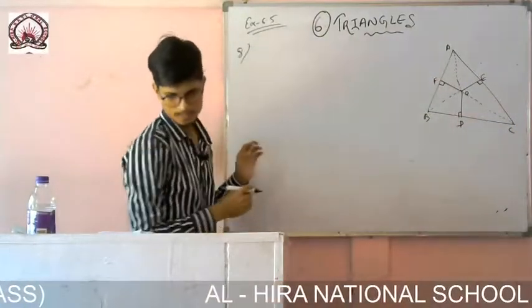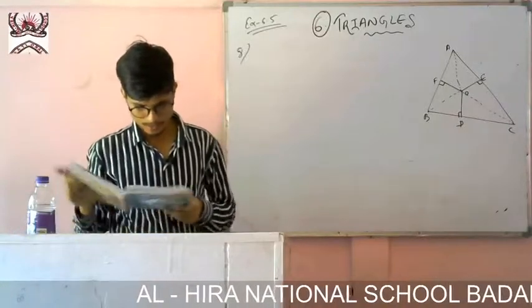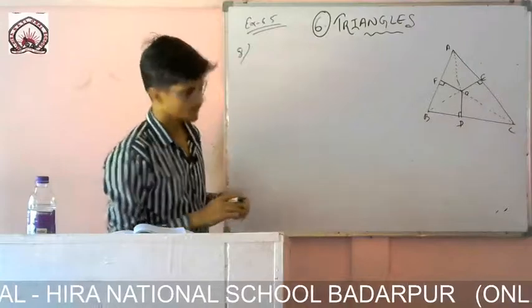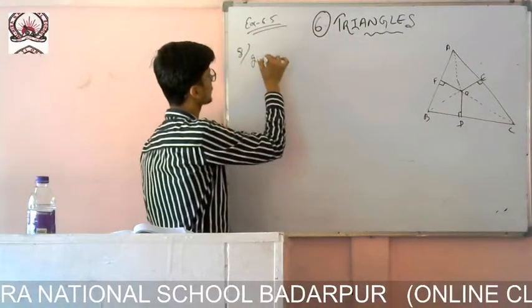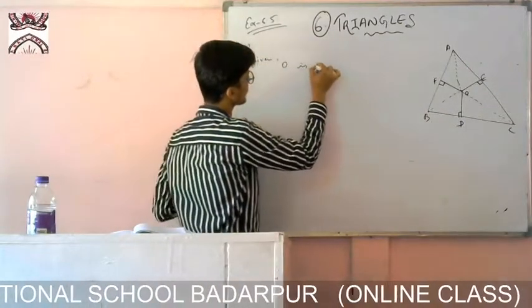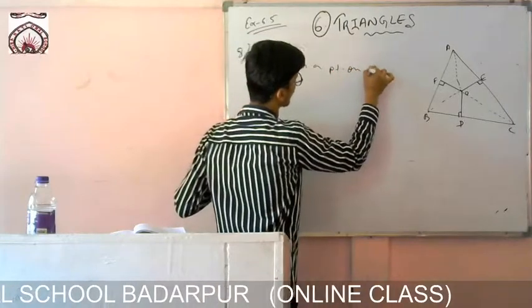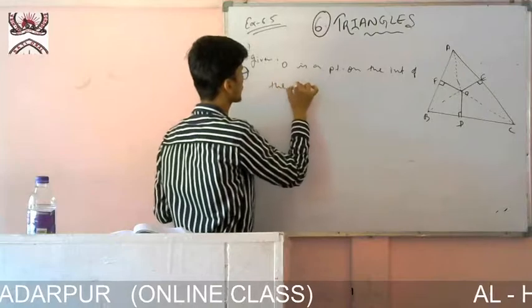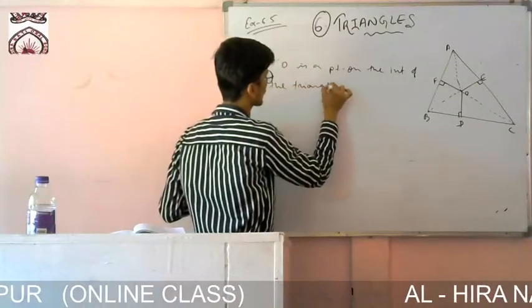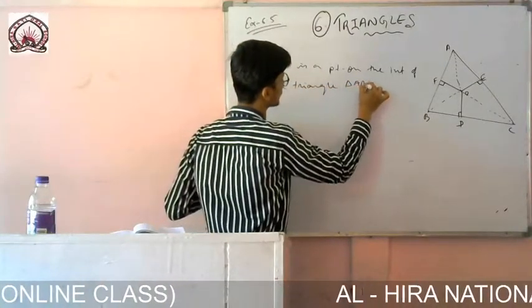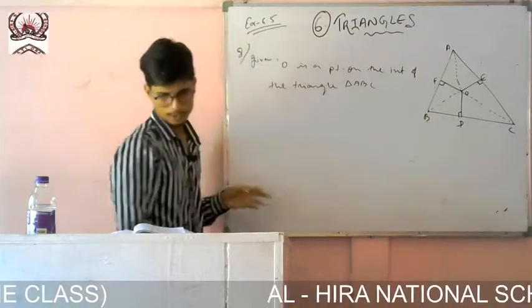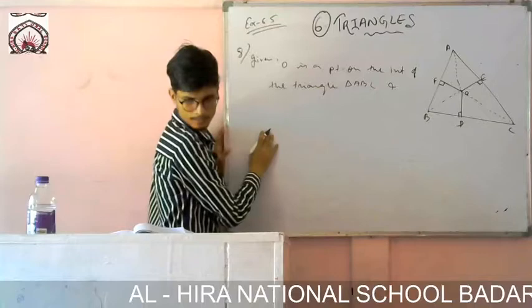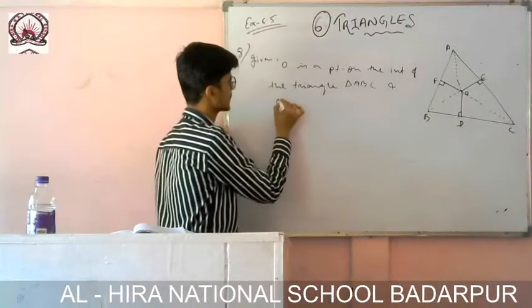For this one, what is given? Given O is a point on the interior of the triangle ABC, and what else is given?